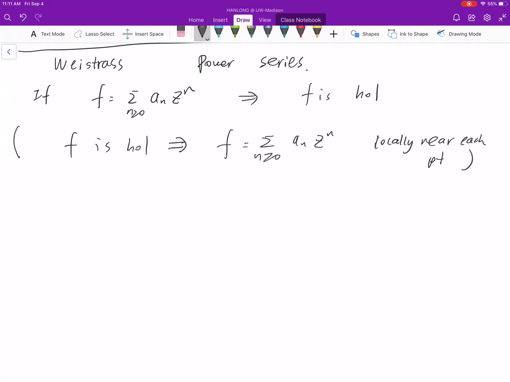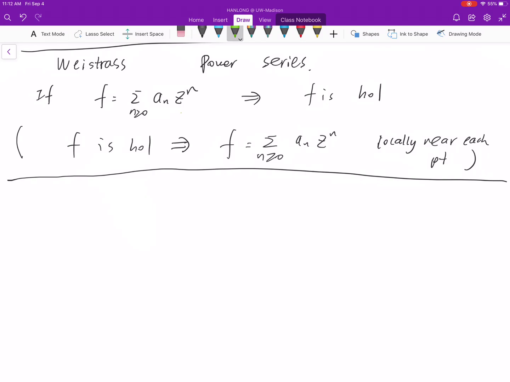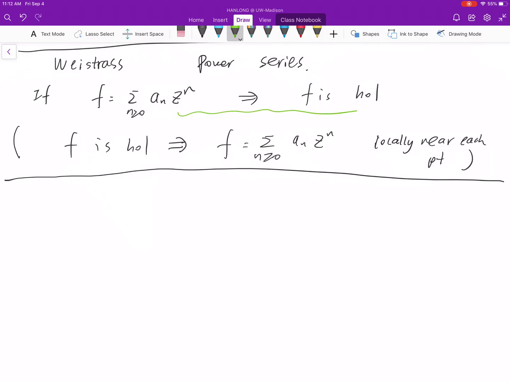Now let's talk about the intuitive strategy to prove the first direction. Naively, we just use the definition of partial z bar of f.